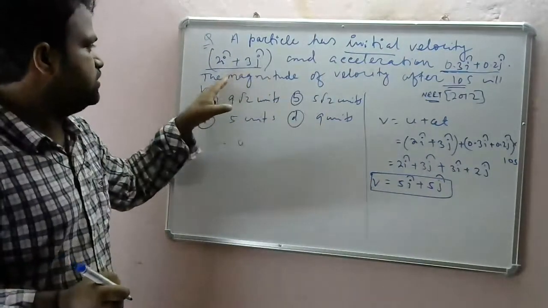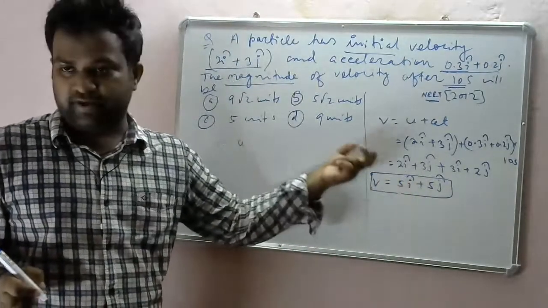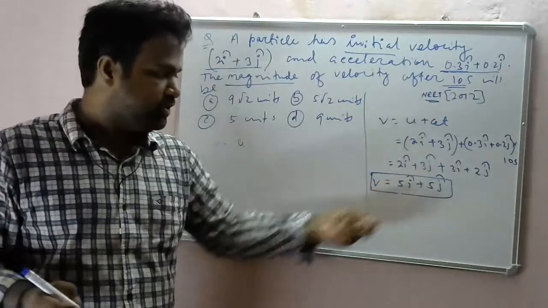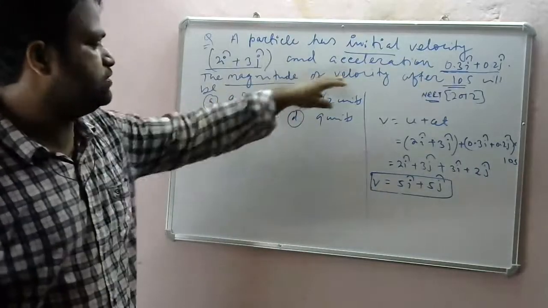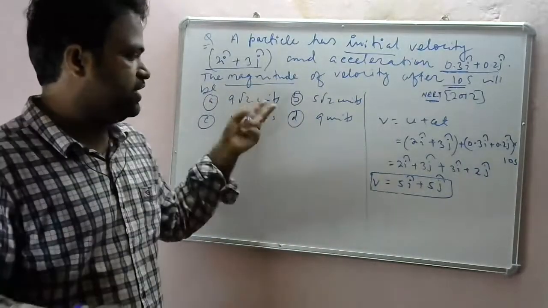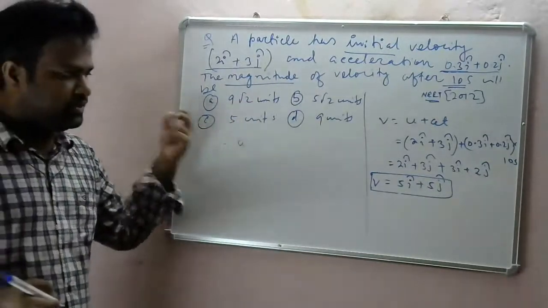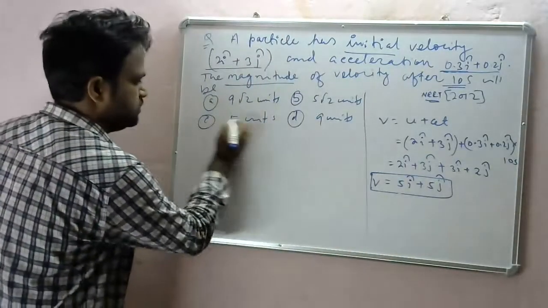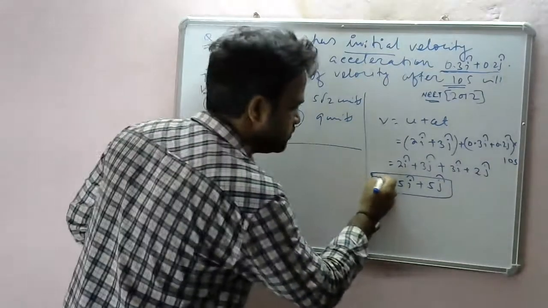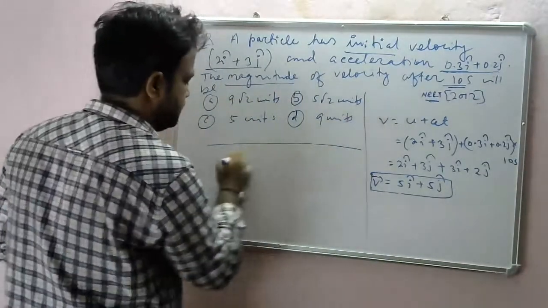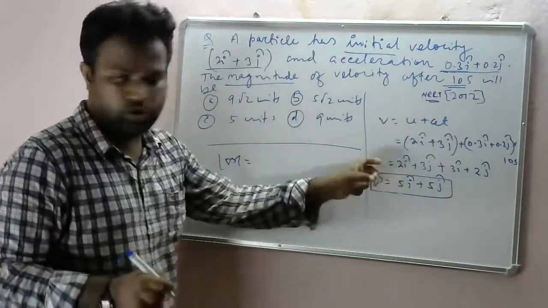But the question asks for the magnitude of the velocity. How will you calculate the magnitude from the vector in component form? The answers are not given in i cap, j cap component form, they are given in magnitude. Easy: the magnitude of a vector is the square root of the sum of the squares of the coefficients.